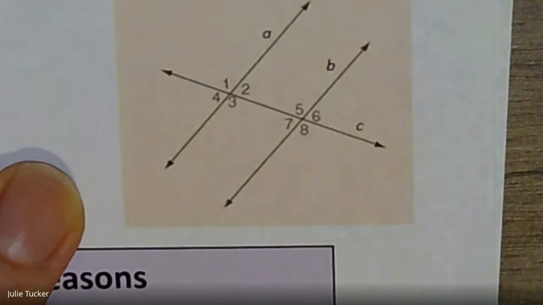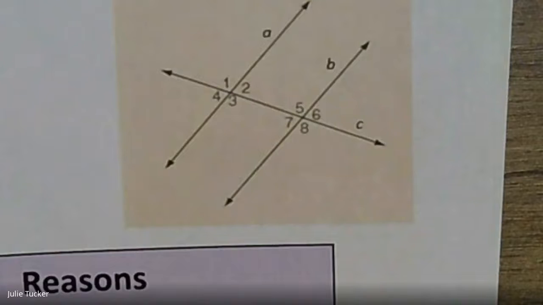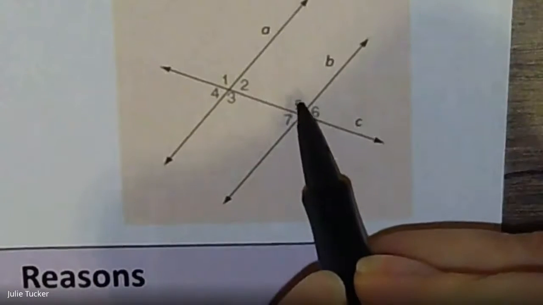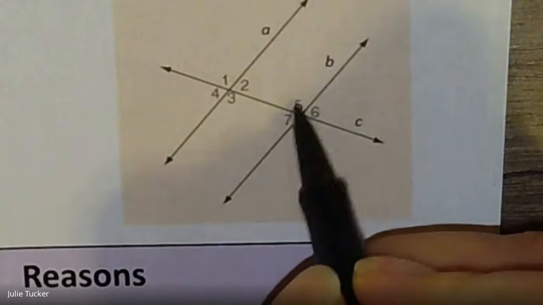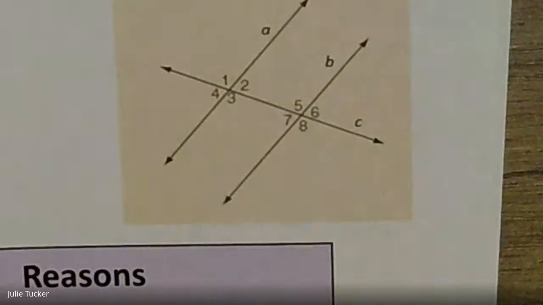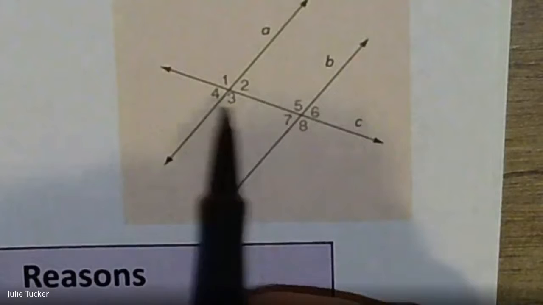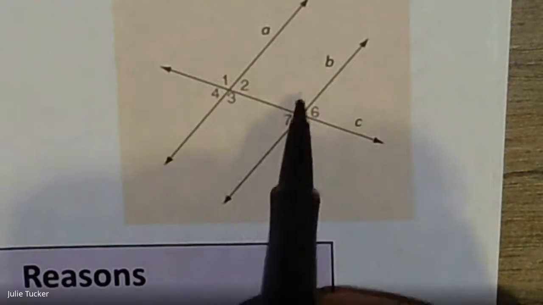What did you say? I didn't understand. Something interior? Yeah. Oh, no. Look, 5 and 7 are right there next to each other, so they're a linear pair. I wasn't going crisscross like that. I was going right next to each other. So 5 and 7, yeah.